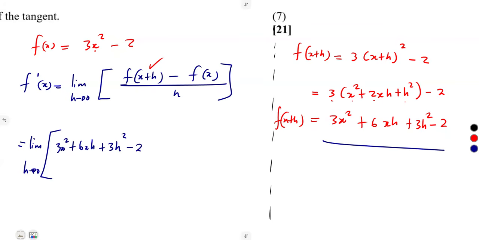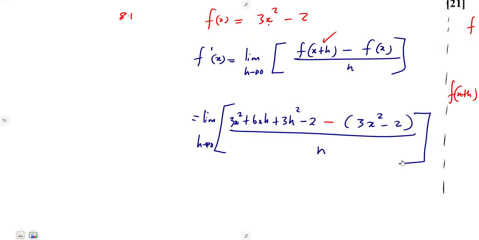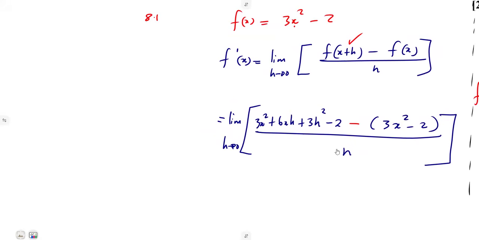Then we're going to subtract our f of x, any expression, so we must open a bracket for that, everything over h. So this is it, guys. With that, you can simplify your limits up to a condition where you get rid of the h in the denominator. Then you can substitute the limit where h is 0. But for now, let us simplify.